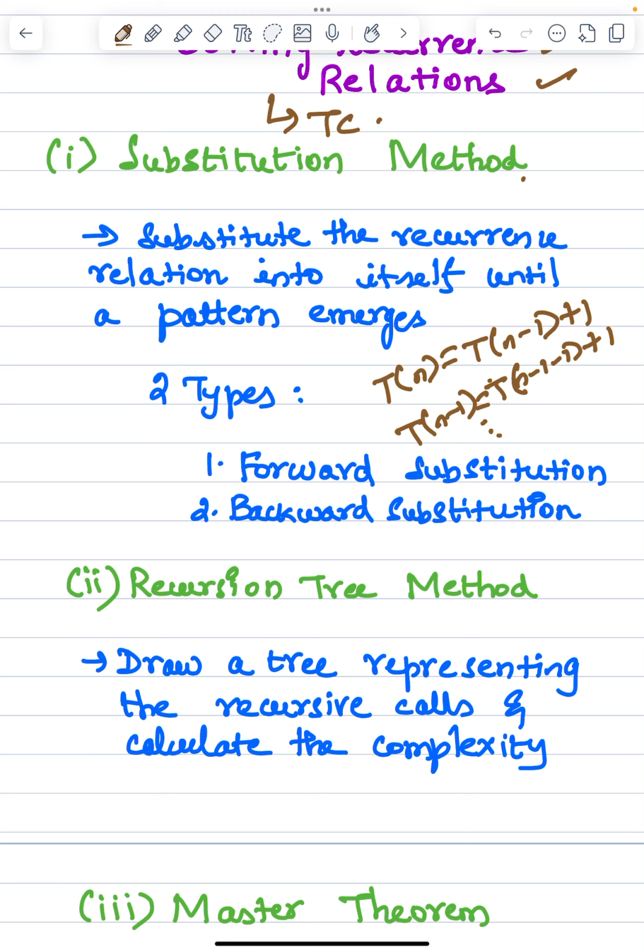We keep doing this until we reach the base case or the initial condition. Substitute the recurrence relation into itself until a pattern emerges. After a few iterations we will be able to see a pattern, and from that pattern we can compute the time complexity. There are two types of substitution method: forward substitution and backward substitution.